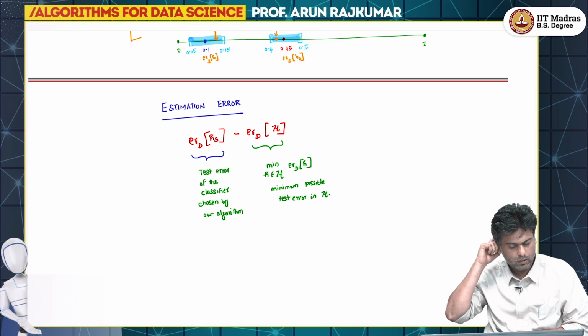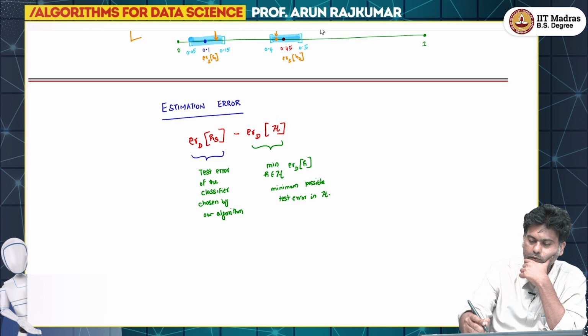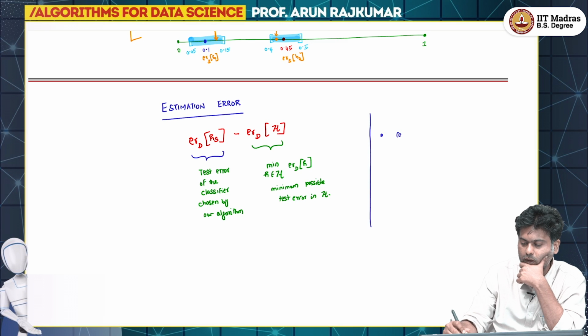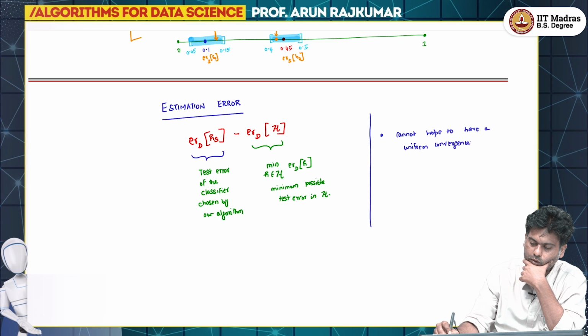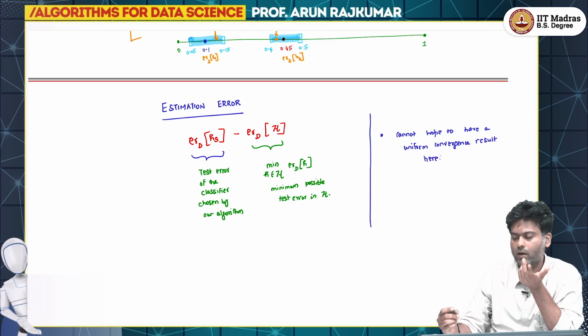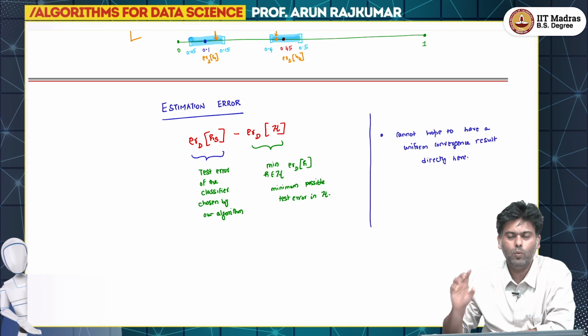So, this is the difference that we want to study, and let me just make some points here so that we are clear, right. So, we cannot hope to have a uniform convergence result here directly, right.